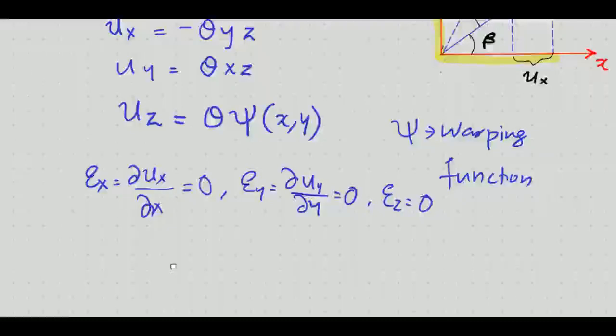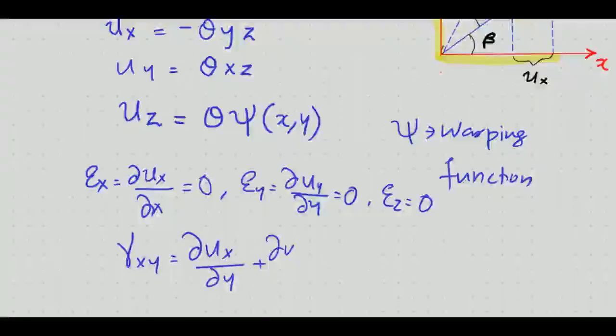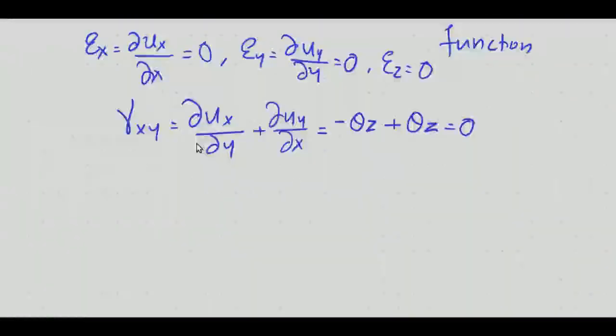Similarly, the shear strain gamma xy is equal to dou ux by dou y plus dou uy by dou x. This first term gives minus theta z and the next term gives plus theta z, so this also will be 0. So these four strain terms are obtained as 0.